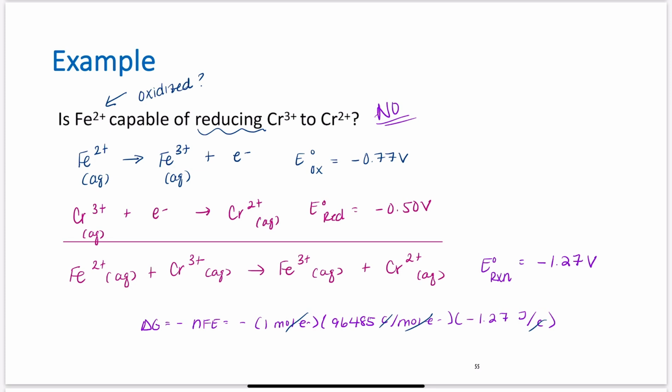Negative 1 mole times 96,485 times negative 1.27. Delta G here, I need 3 sig figs, is 123 kilojoules. It is positive, which means non-spontaneous. Which means no, Fe2+ is not capable of reducing chromium 3+ to chromium 2+.